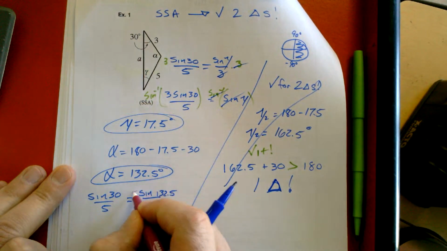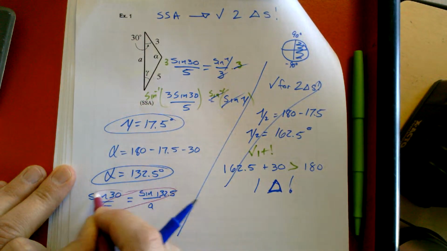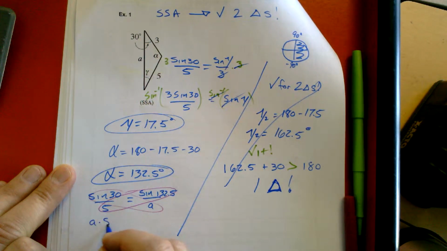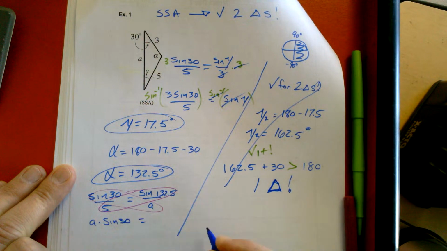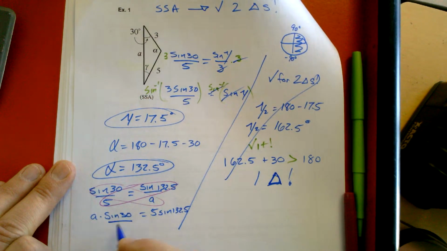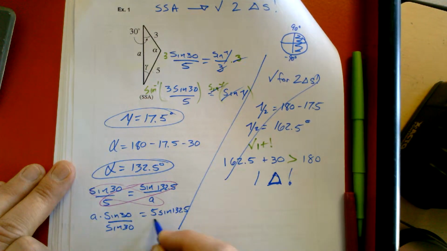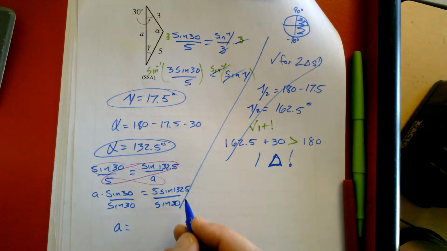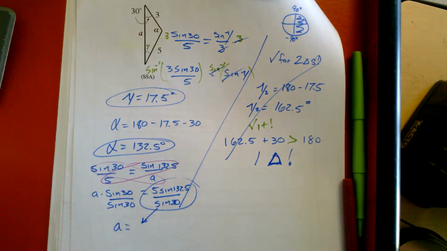When I'm finding that side, we talked about cross multiplying. And I got a times the sine of 30 equals 5 times the sine of 132 and a half. And then we divide over. And then we plug it in. Take this guy, plug it in, and see what you get.